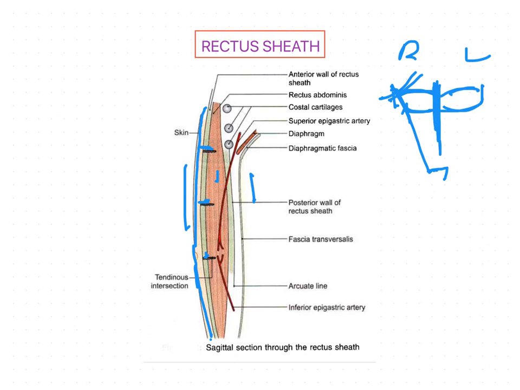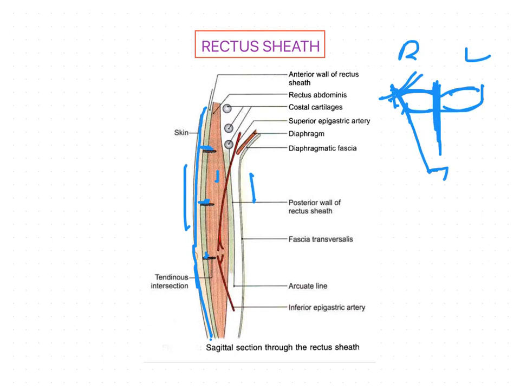That means there is some difference in the formation of the rectus sheath in different regions. It is not the same from top to bottom.